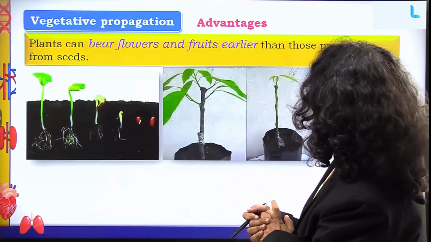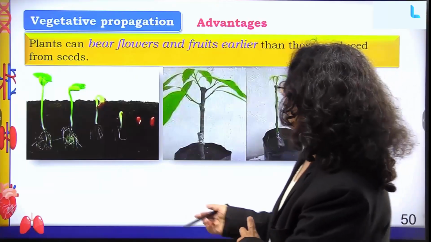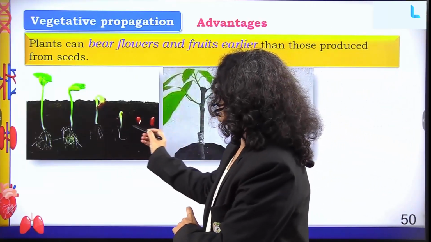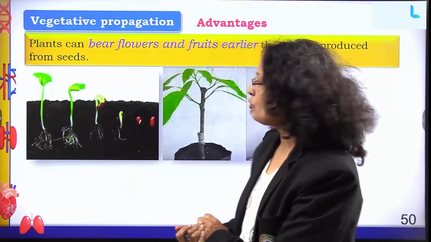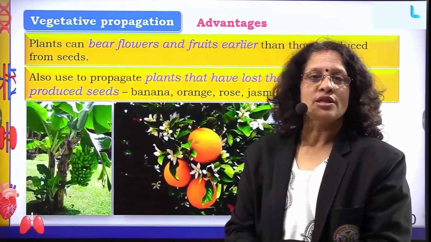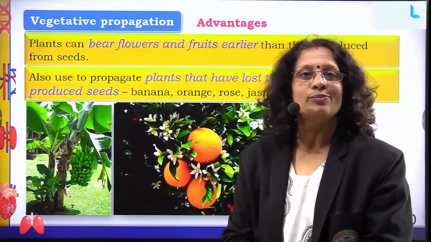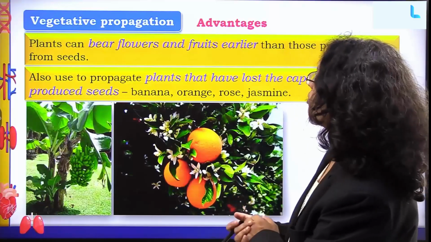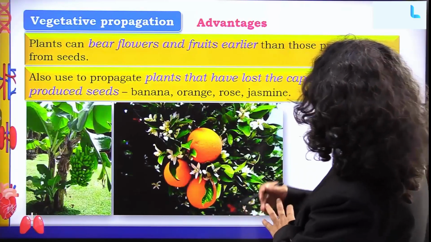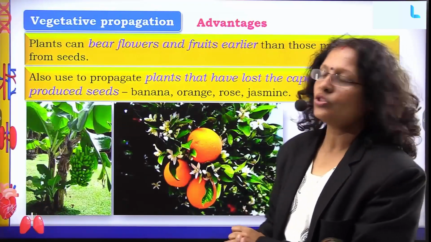Plants can bear flowers and fruits earlier than those produced from seeds. From a seed, there are many steps before you get flowers. Grafted plants have fruits and flowers earlier, because the initial growth has already happened and it is not starting from seed germination. This is also used to propagate plants that have lost the capacity to produce seeds, like banana, orange, rose, and jasmine.